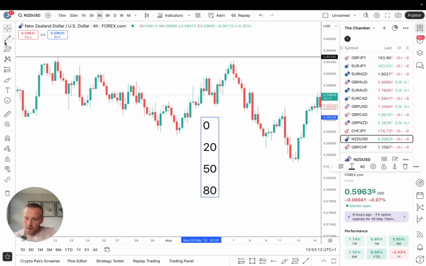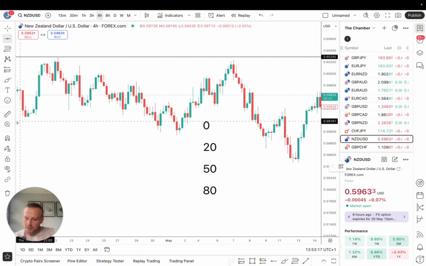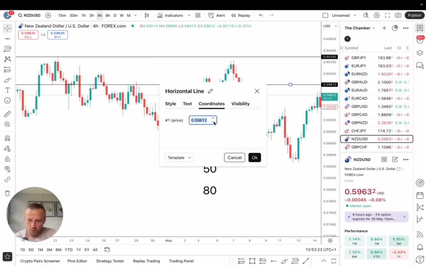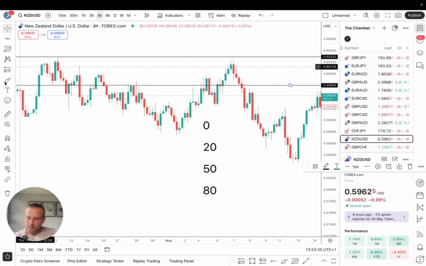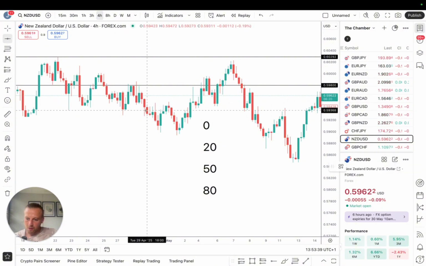So if I just set some horizontal rays out, this will help you see it a lot easier. When I talk about 0, 20, and 50, this is where I mean, okay? Ignore the last number, it's these two numbers here. You can see here it's already saying 81, so if I change that to 80, that can be our first one. And I'm just going to go through and mark out a few of these horizontal lines.